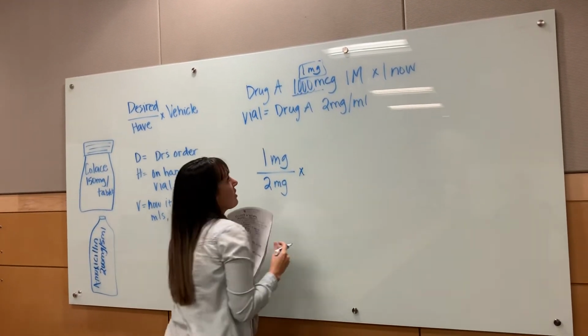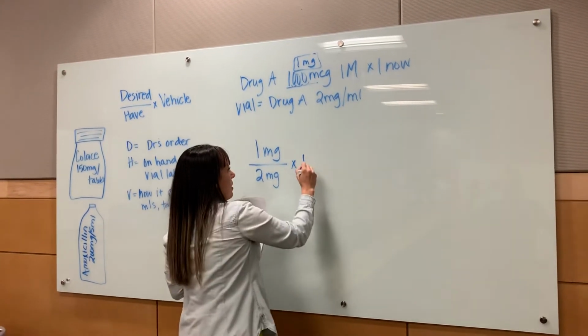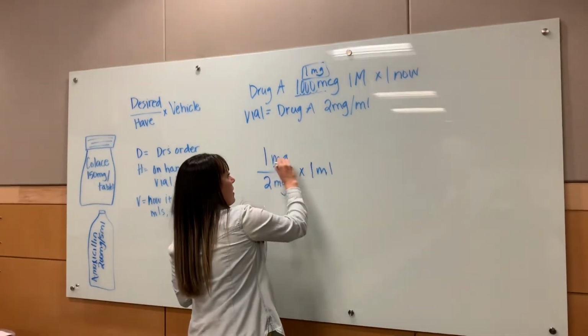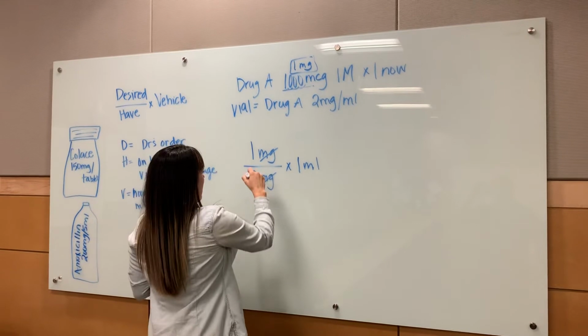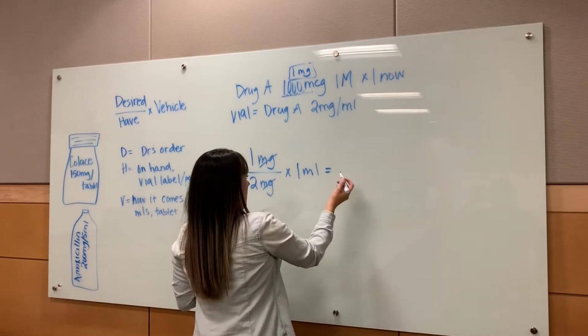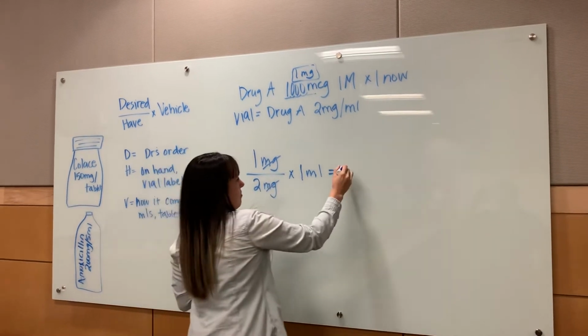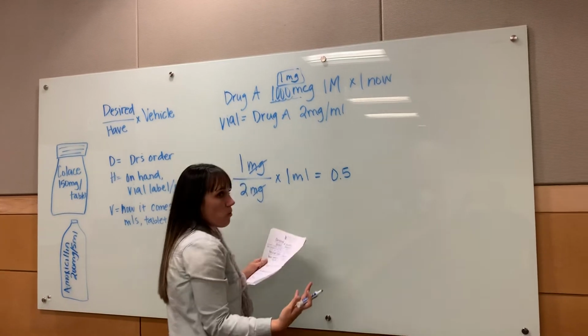Now, what's the vehicle? The 2 milligrams comes in 1 mil. Okay? And because we have milligrams on top and bottom, we can cancel that. And so that's 1 over 2 times 1. So okay, 1 over 2 is 0.5 times 1 is 0.5. 0.5 what?